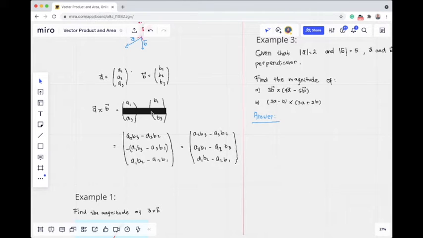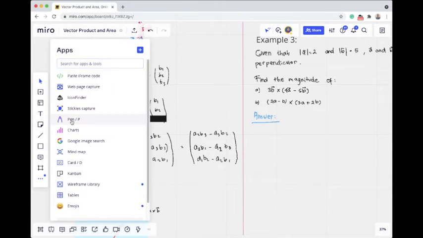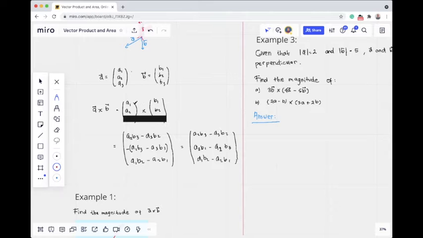And then for the third row, close it, and cross multiply: A1 times B2 minus A2 times B1. Okay, easy, yeah?